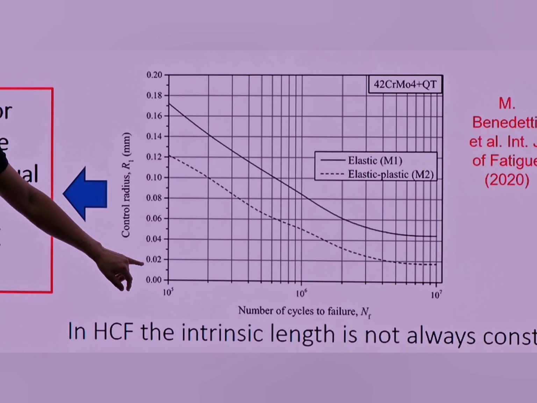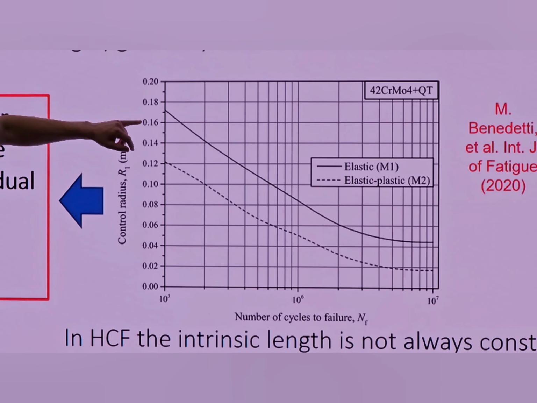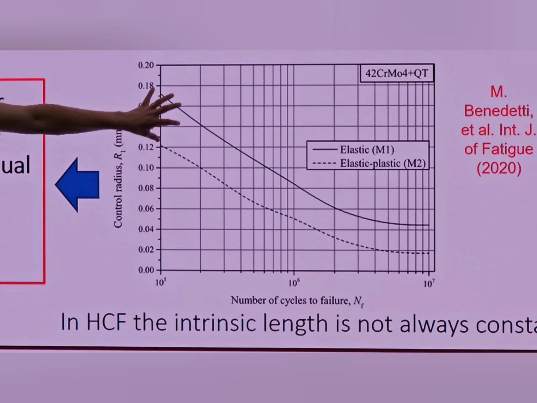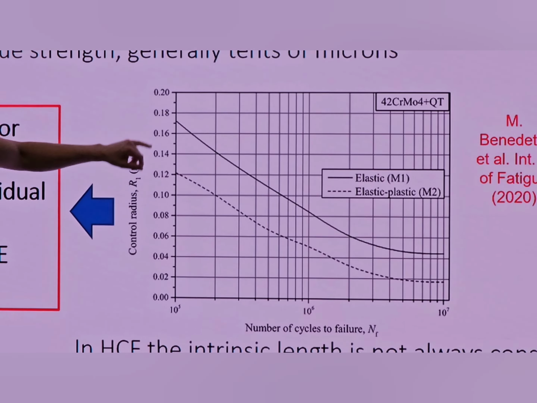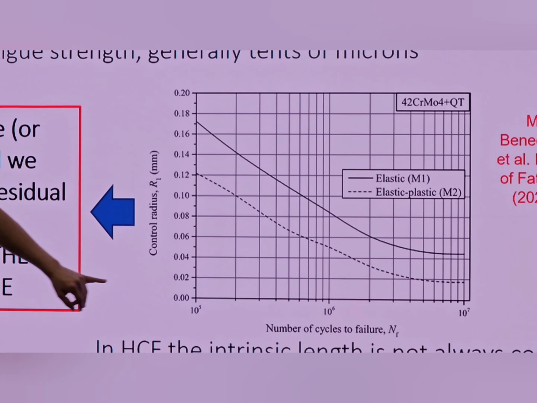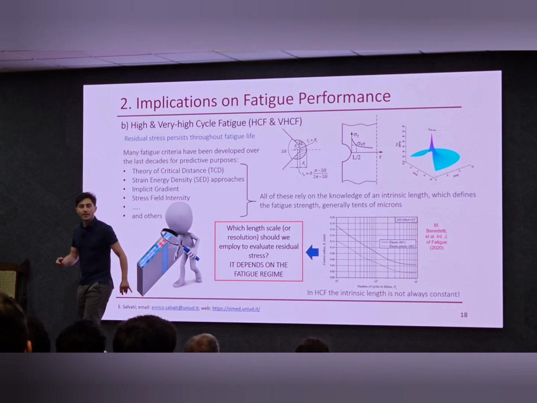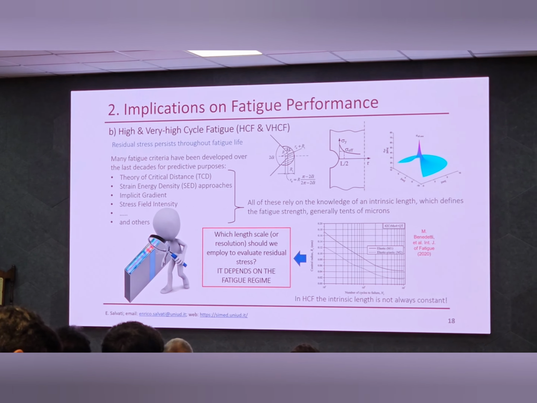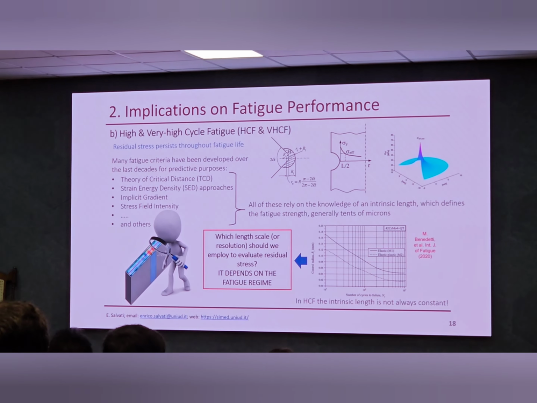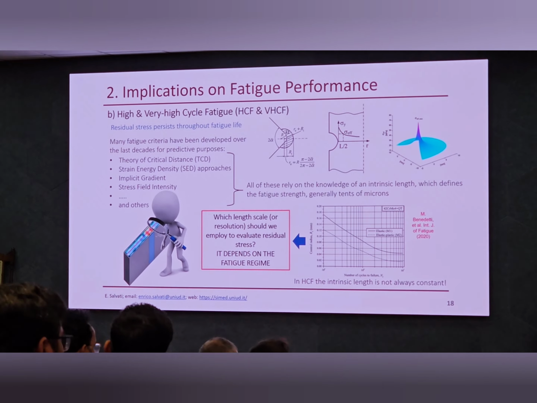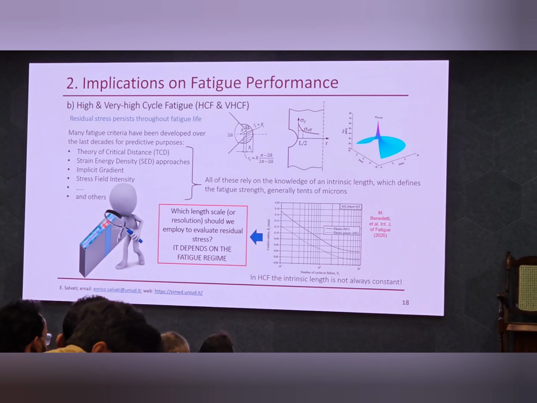If we're dealing with low cycle fatigue or nearly low cycle fatigue, we don't need that much resolution. So essentially, we have to play with different length scales if we want to take into account this effect.